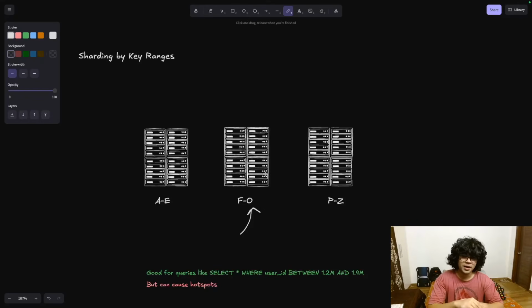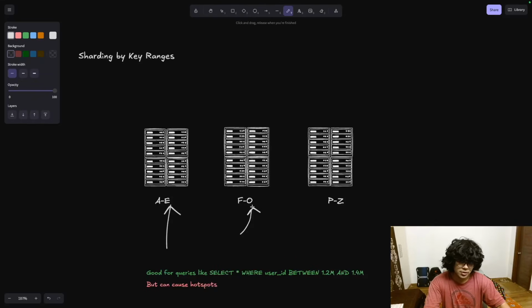Now the bad part is, well, what if you have a lot of users whose name starts with A? A is a pretty common alphabet, and a lot of people's names start with A. In that case, it could very well happen that you're getting 10k requests per second on this shard.